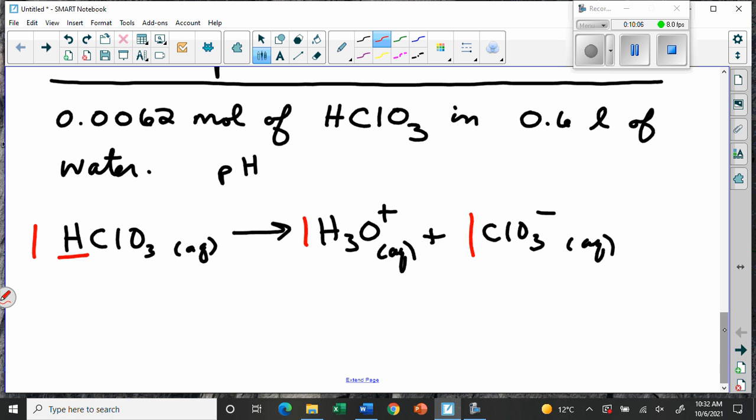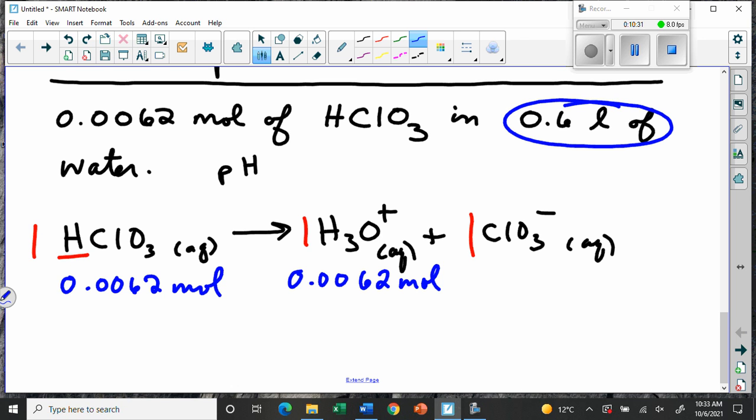So that means if I have 0.0062 moles of the acid over here, the red numbers, the ratios are telling me that I have to have exactly the same amount of hydronium moles, right? Now, here's the catch. That's not in 1 liter. It's in 0.6 of a liter.